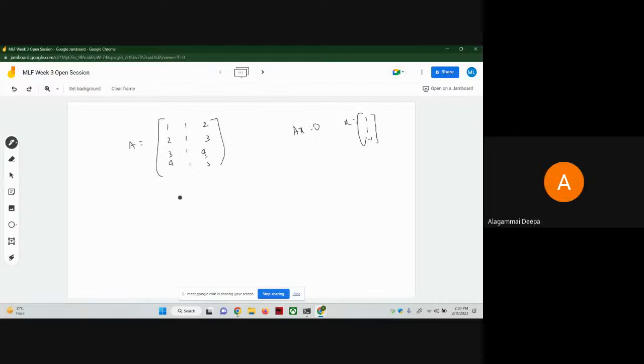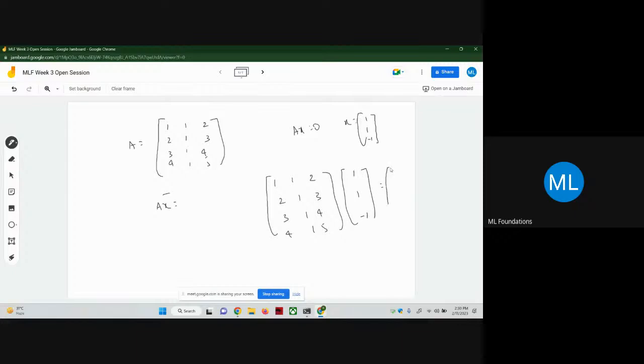No, sir, I can understand that 1 plus 1 minus 2 is equal to 0, and 2 plus 1 minus 3 is 0 and all. How do you get 1, 1, minus 1? That's not clear. Okay, take the matrix 1, 1, 2; 2, 1, 3; 3, 1, 4; 4, 1, 5, multiplied by 1, 1, minus 1, right?